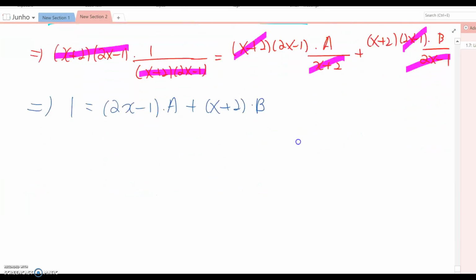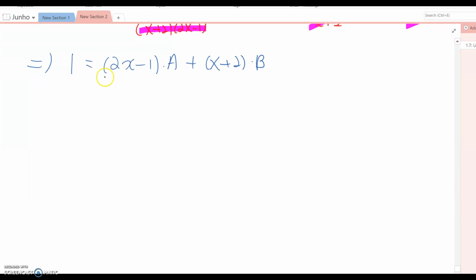Okay, so now look at this question here. If x equals 1 over 2, then this term becomes 0. Similarly, if x equals negative 2, then this term will be 0.